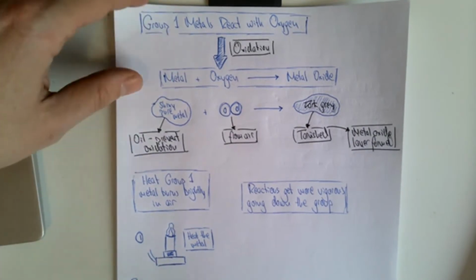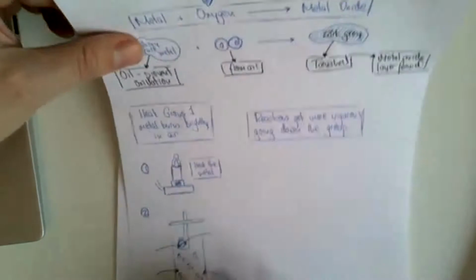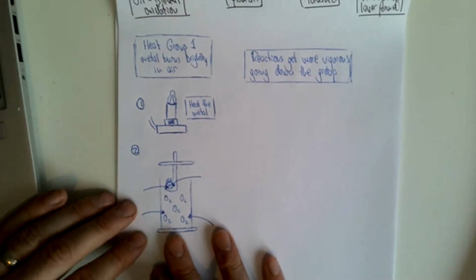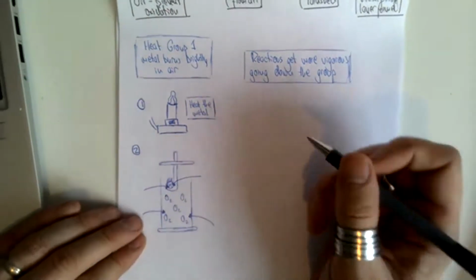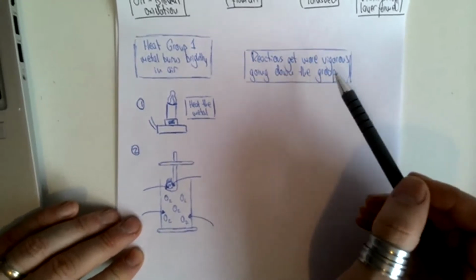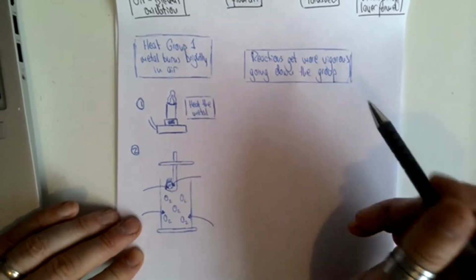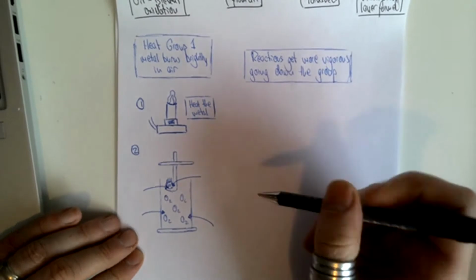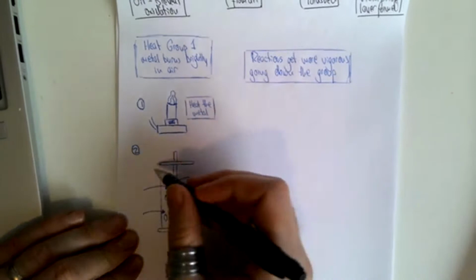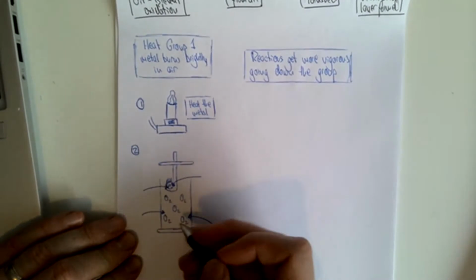And then finally, it's worth considering what happens when we heat group 1 elements in air. Similar to our other reactions, the reactions of each of the elements get more vigorous as you go down the group. So you heat the metal using a Bunsen burner, and then you put it into a gas jar full of oxygen.